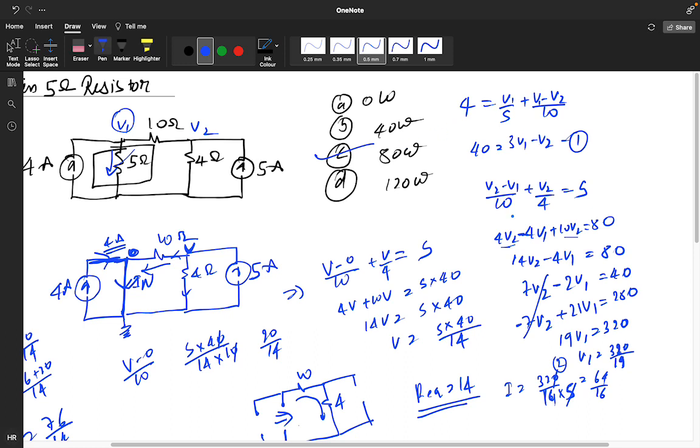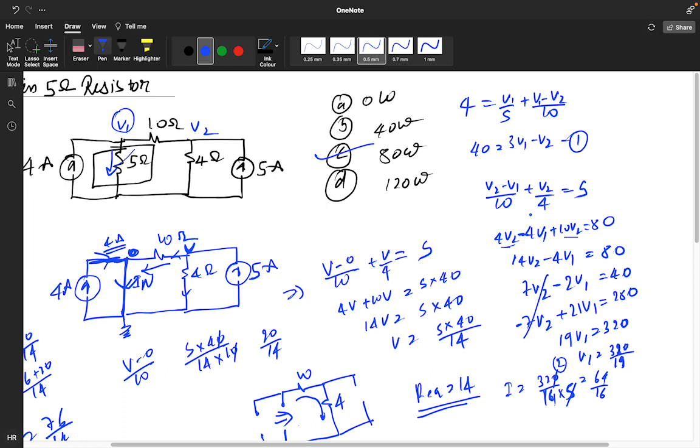That's why the value is not cancelling out. See, the KVL equation will be V1 by 5 plus V1 minus V2 by 10. After solving this, this will be 3V1 minus V2. Okay, this equation is fine. And V2 minus V1 by 10 plus V2 by 4 is equal to 5.